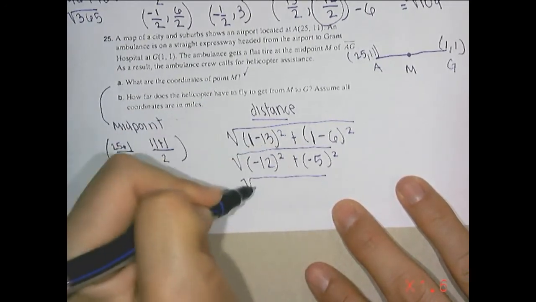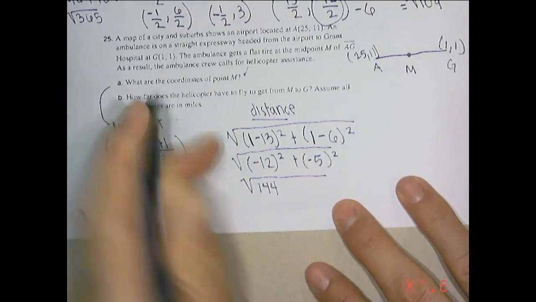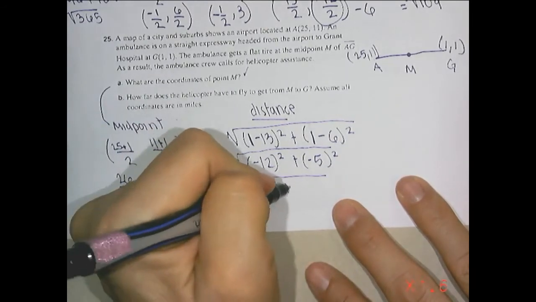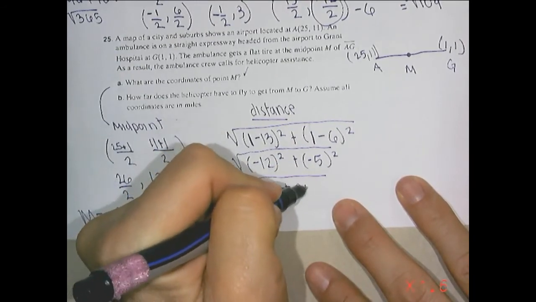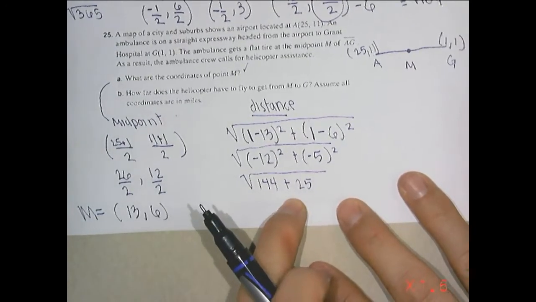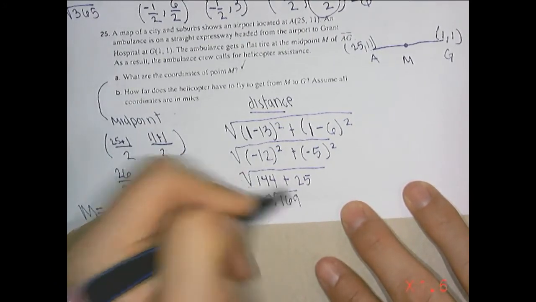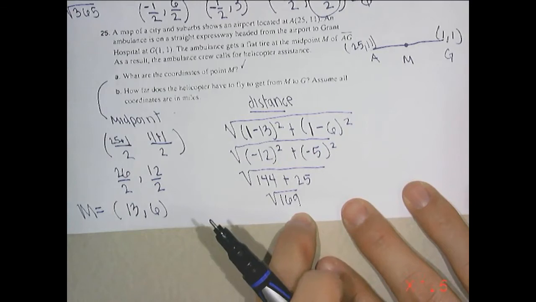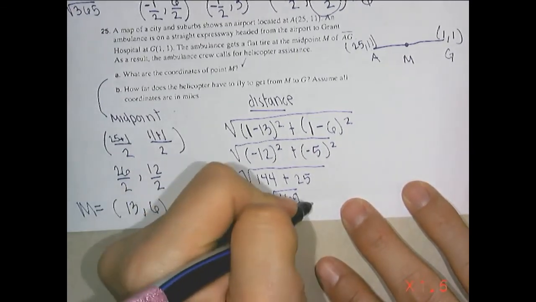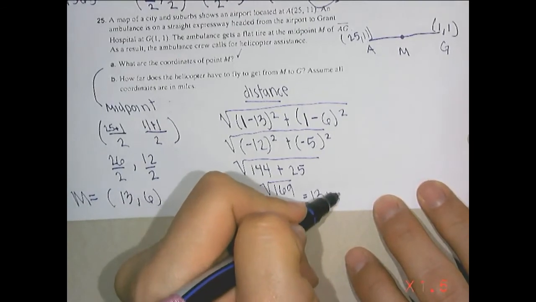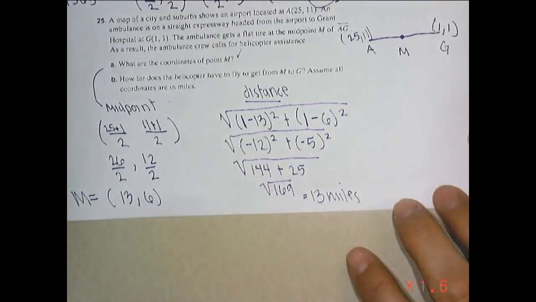Okay, 12 squared is 144. Remember, it was negative. Negative times a negative is a positive, so positive 144. And negative 5 times negative 5 is 25. All right, we add those two together. We get 169. Hopefully you can recognize that that's a perfect square, and it is equal to 13. So the distance the helicopter would have to travel is 13 miles.